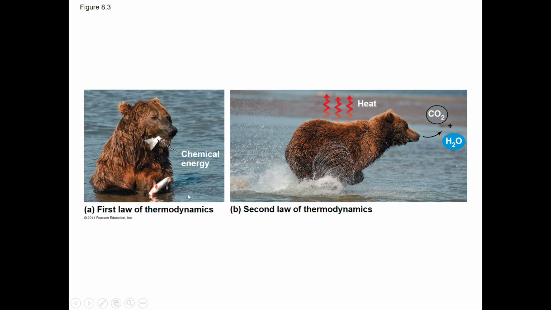Here, chemical energy is taken in: the bear eats the fish, and through the process of cellular respiration, we can generate energy in the form of ATP, but a lot of that energy is lost as heat. If you remember from intro bio, in a food chain only about 10% of the energy we eat is usable, and the other 90% is going to be lost in the form of heat.